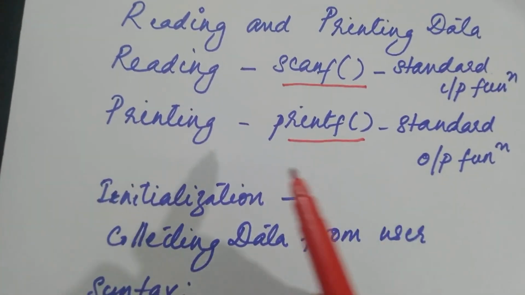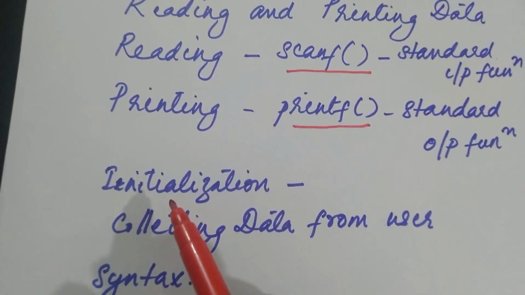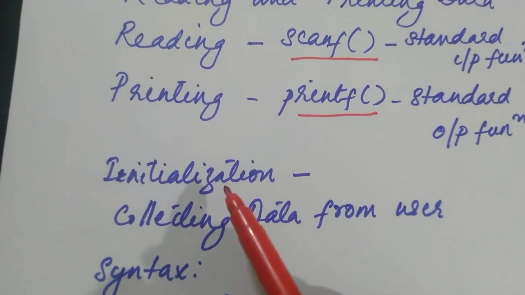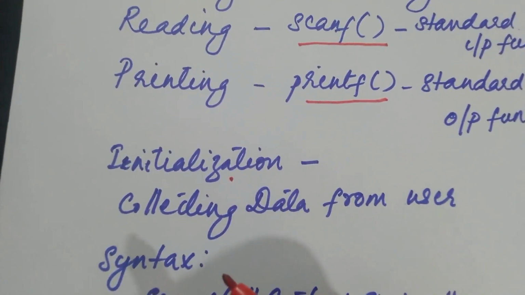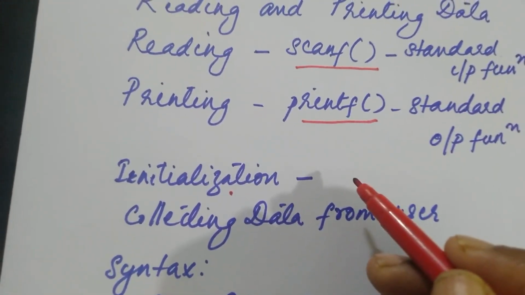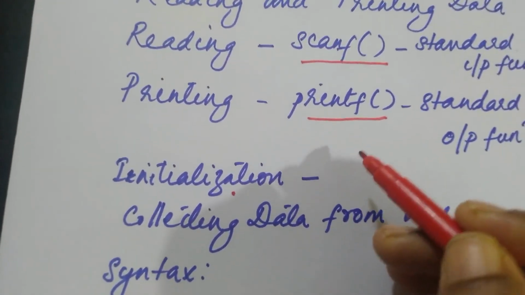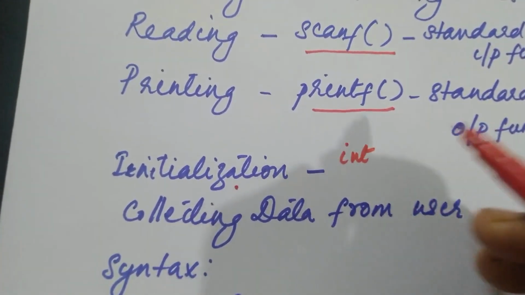Before going into the details, let me remind you something. You can provide data into the system through two methods. Either you can initialize a value or you can collect data from the user. Initialization means, suppose we are doing a program to find the sum of any two numbers, you can initialize the value during the time of declaration itself.